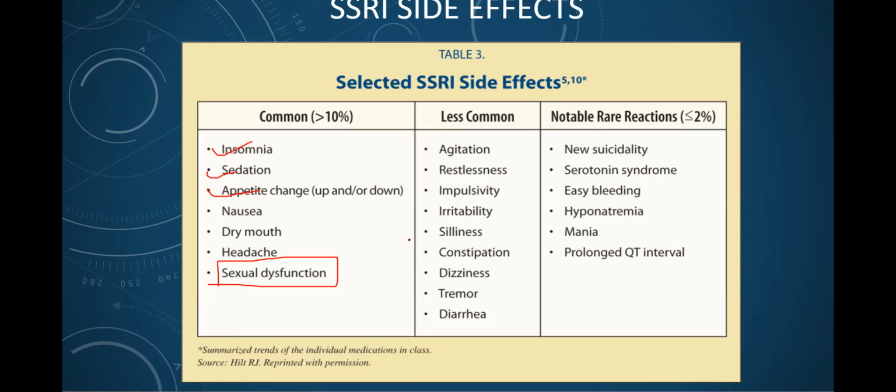If a patient is on sertraline or any SSRI and is complaining of abdominal pain, nausea, or vomiting, you should change the antidepressant to another SSRI. So if a patient is on sertraline, change it to fluoxetine or paroxetine. For abdominal pain, we change to another medication of the same group.